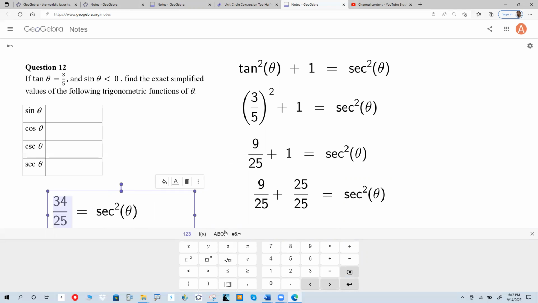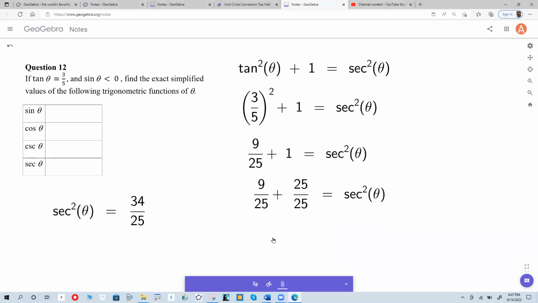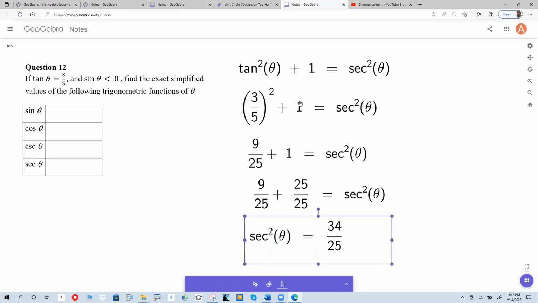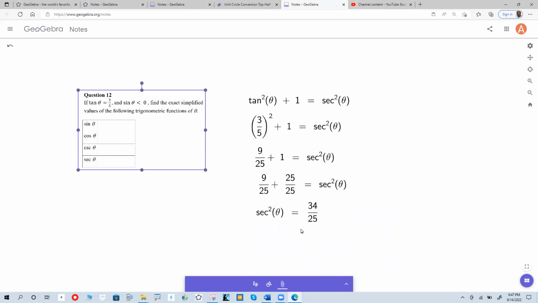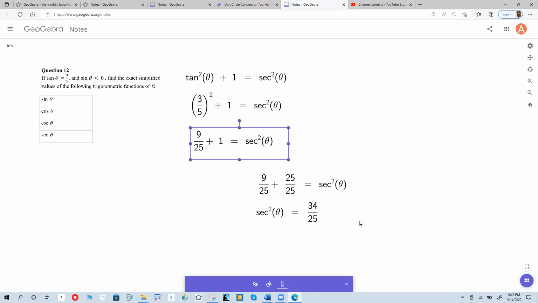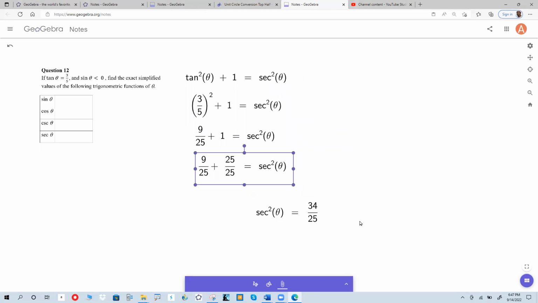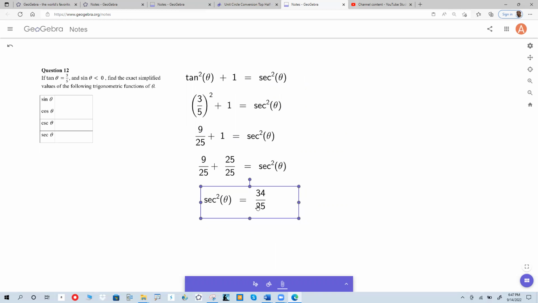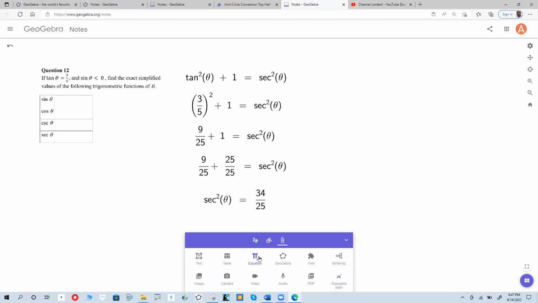So secant squared theta, let me make it a little smaller. Hopefully you will be able to see it. You have the question, it's the same problem from our exam. Secant squared theta is 34/25. So what about secant theta all by itself?